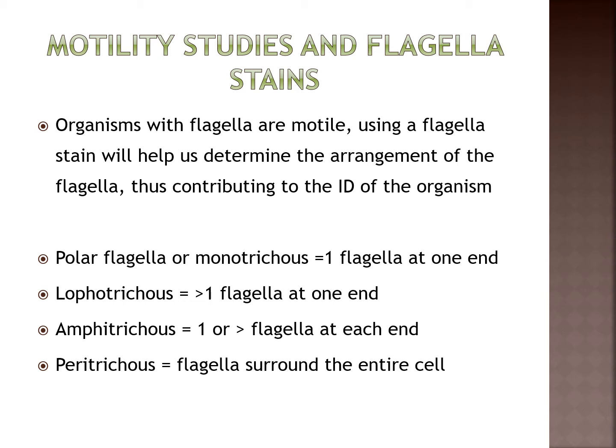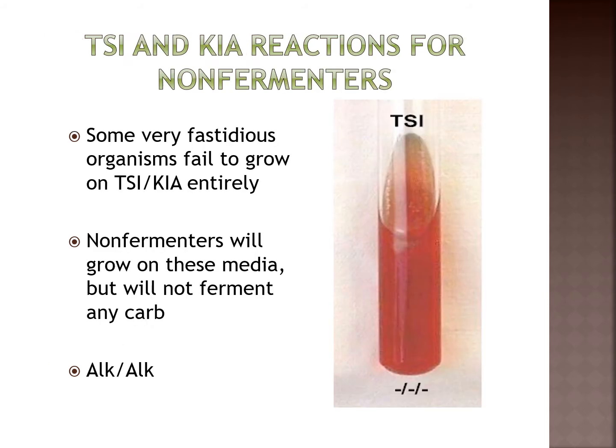Okay, now there are some nonfermenters that are non-motile, one of which is called Acinetobacter, and another one is called Elizabethkingia. Those are both non-motile. I want to talk a little bit about TSI and KIA reactions when it comes to the nonfermenters.